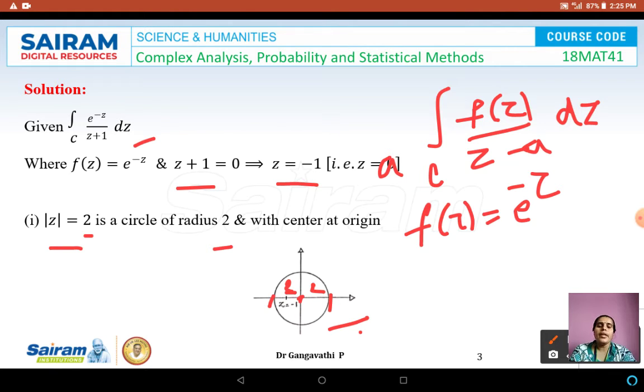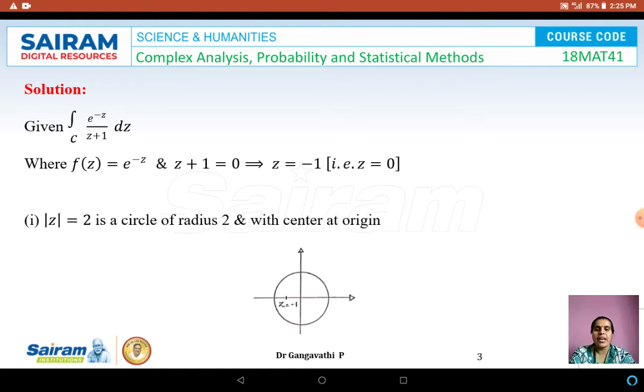Now, consider the point a, which we have evaluated to be minus 1. That minus 1 lies inside the circle, because on the negative x-axis you have 0, minus 1 and minus 2. So, this minus 1 lies inside the given circle.